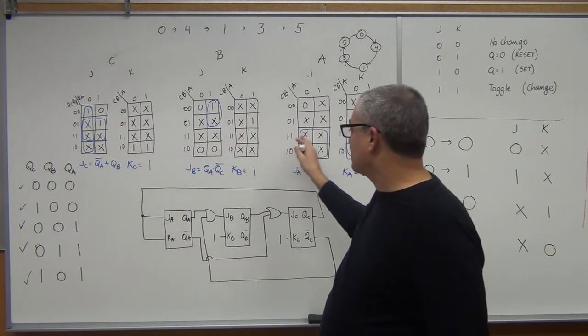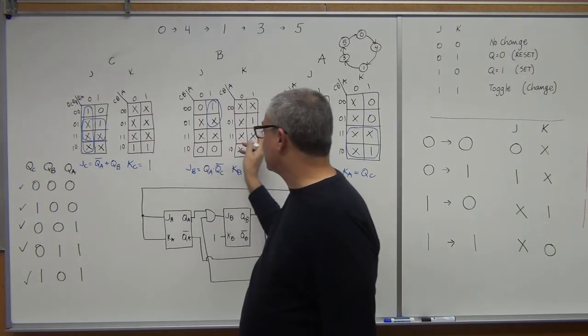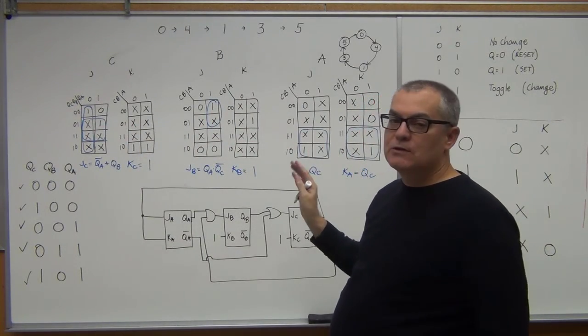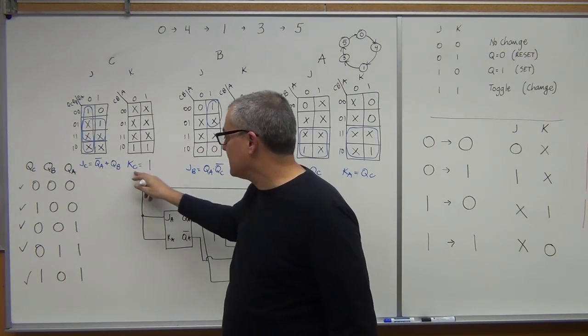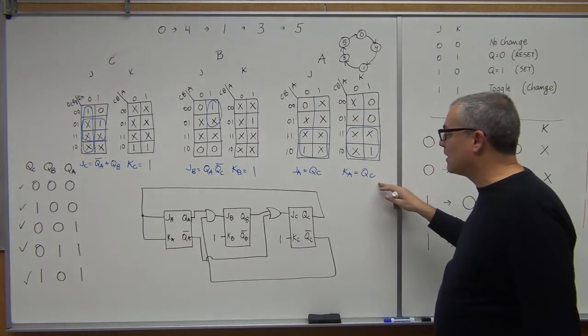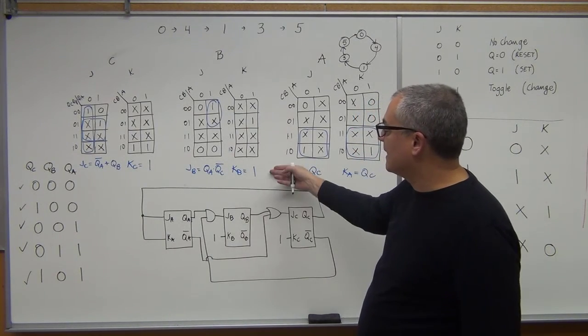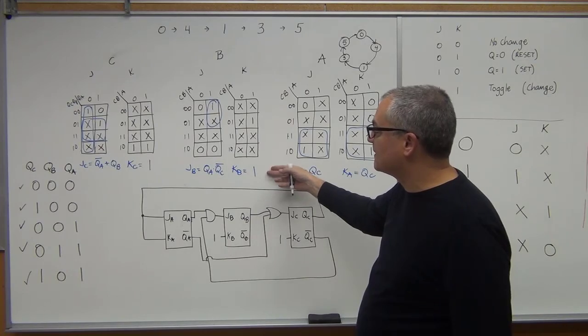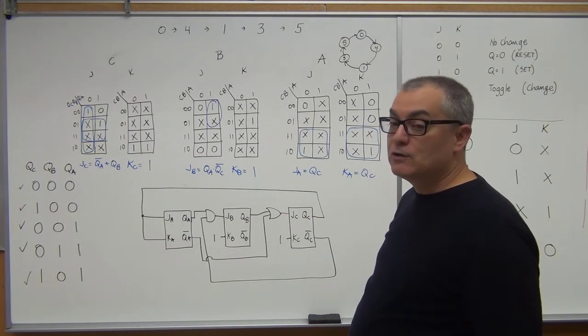Use Karnaugh maps to account for all the options for J's and K's as you go through. Solving the Karnaugh map gives you what to hook up to the J's and K's for all 3 flip-flops. And once you have that, you just draw the circuit, implementing the design that you've got from solving the Karnaugh maps, and then you should be good to go.